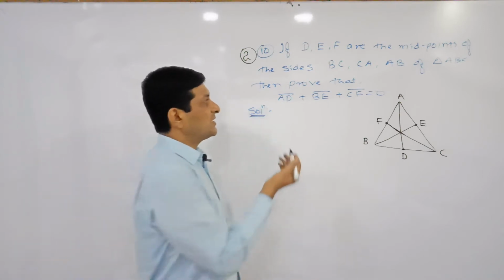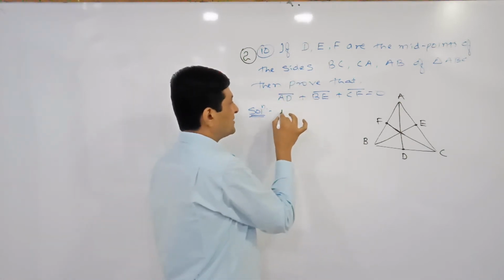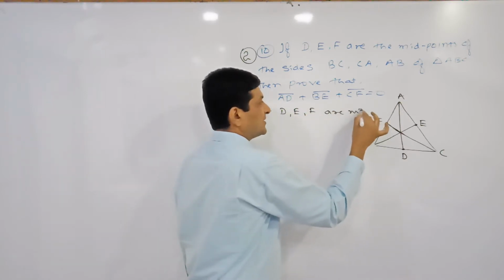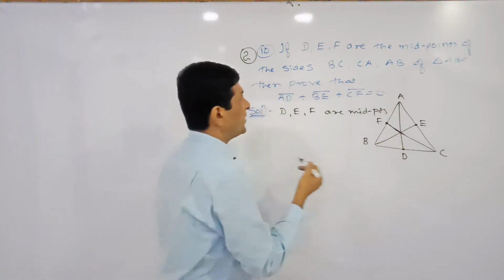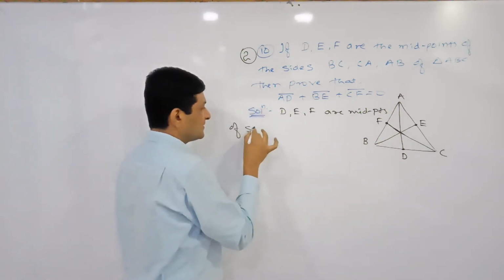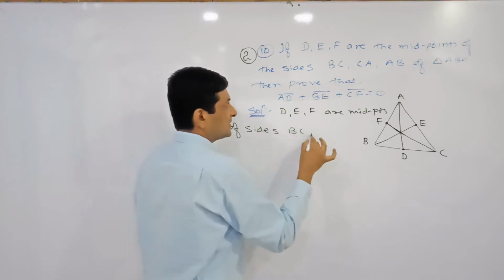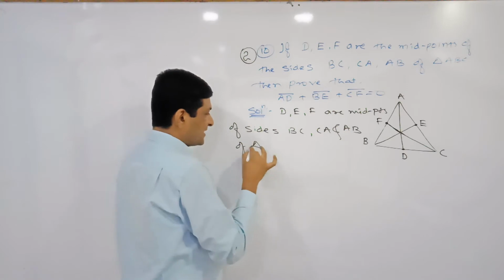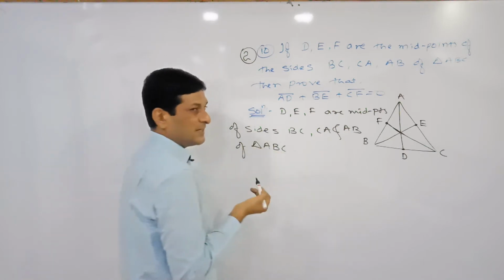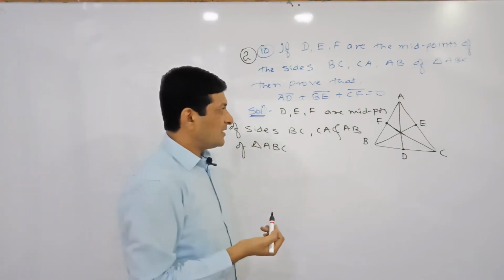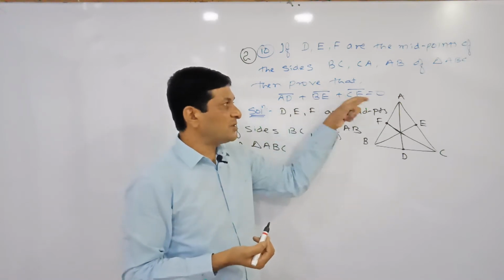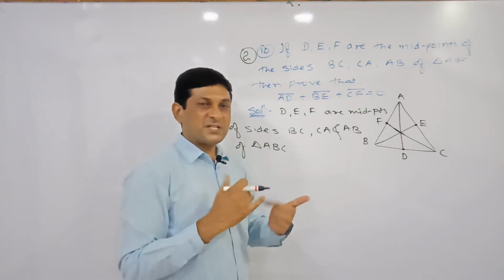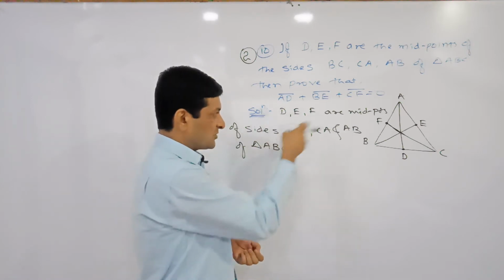So here first write down the given condition that D, E, F are midpoints of sides BC, CA and AB of triangle ABC. Okay, so this is the given condition. Now since we have to show that the addition of these three vectors will be equal to 0, we will first define the position vectors of all these points.